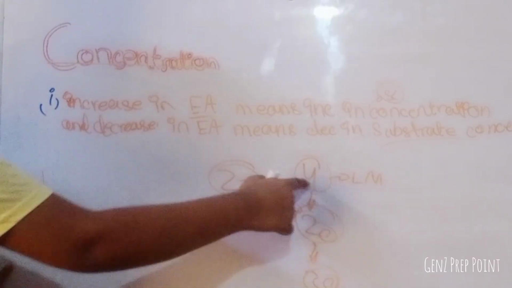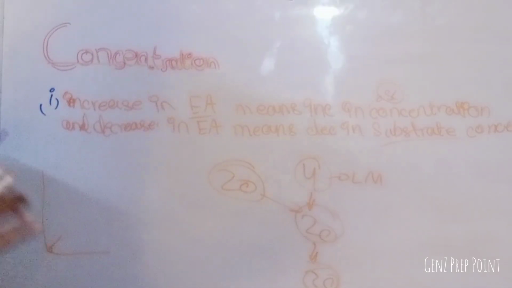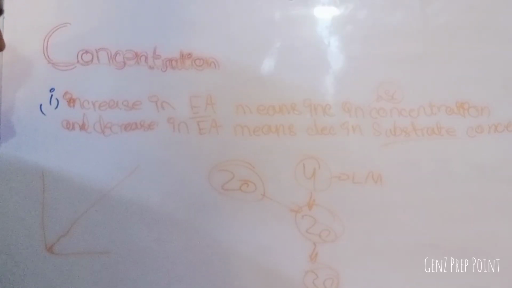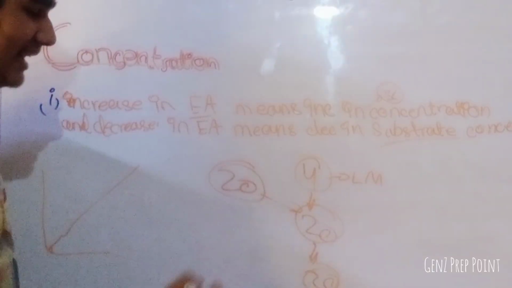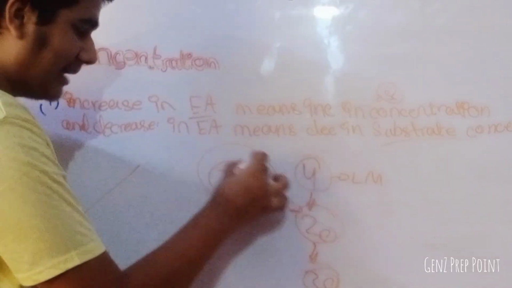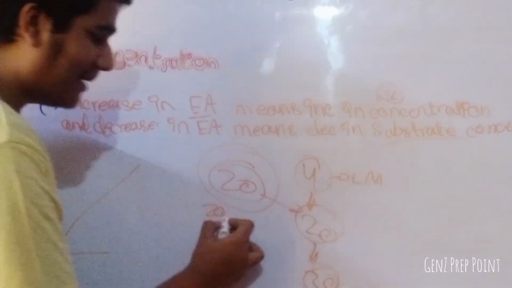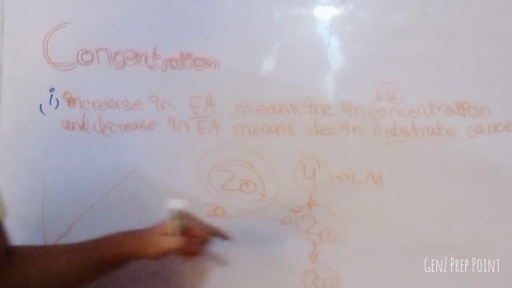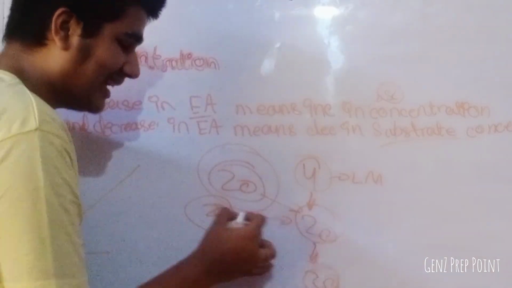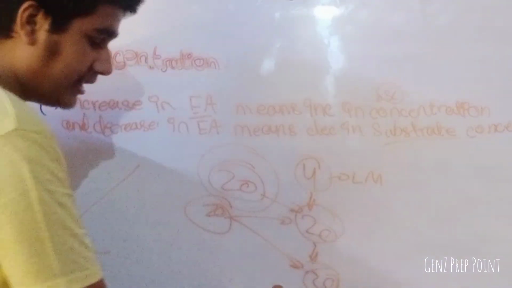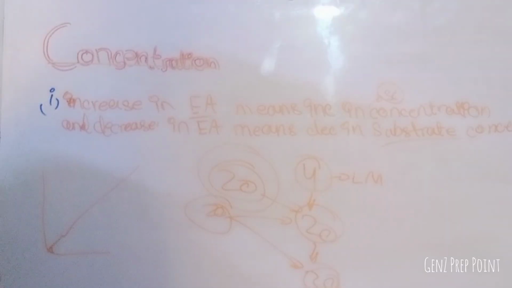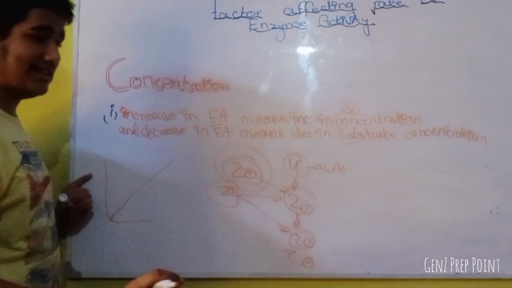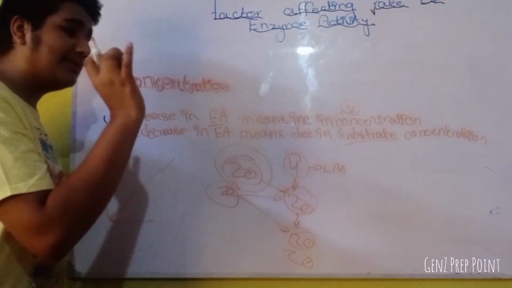You eat 2, for enzyme activity, a little increase. You ate 20, a long increase. Then you eat another 20. All these 20 enzymes are busy digesting these 20. As soon as they get free, you eat another 20 lipid molecules. So this means there is no increase in enzyme activity, but the enzymes are still working.